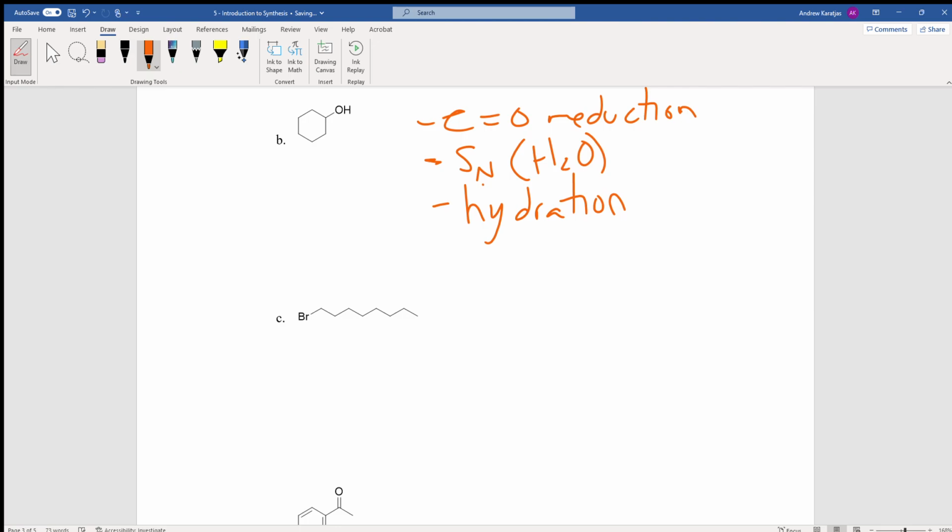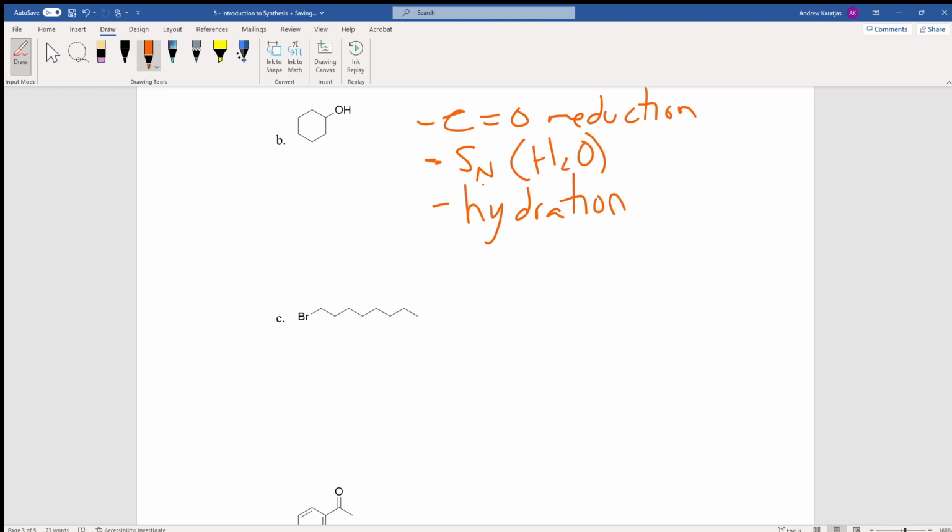So does it matter which one you choose? Well, it depends on the context. For what we're doing here, where it's just trying to figure out one reaction, no, any of these are valid answers. But if you were doing this as part of a longer synthesis, then yes, you would choose the one that helps you get back to the appropriate starting material as easily as possible.